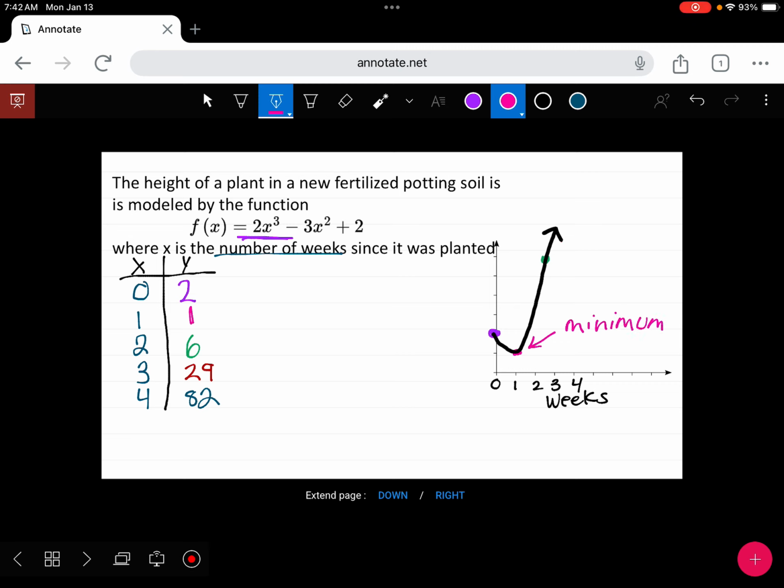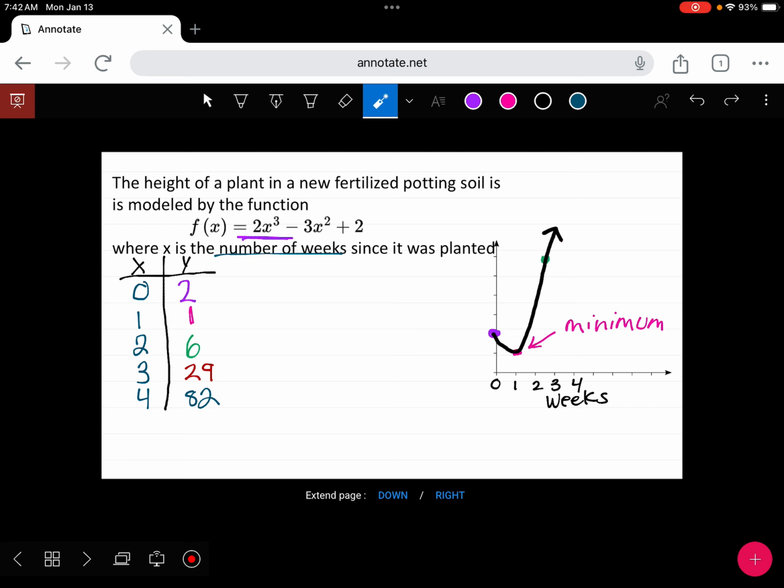Where do we have roots, solutions, zeros? Nowhere. We don't have any here without going backwards in time. Because if we get it down to a height of 0, we'd have to go back over here somewhere, because this is an odd function, so it will come down somewhere. That just means this plant never goes all the way down to the ground.